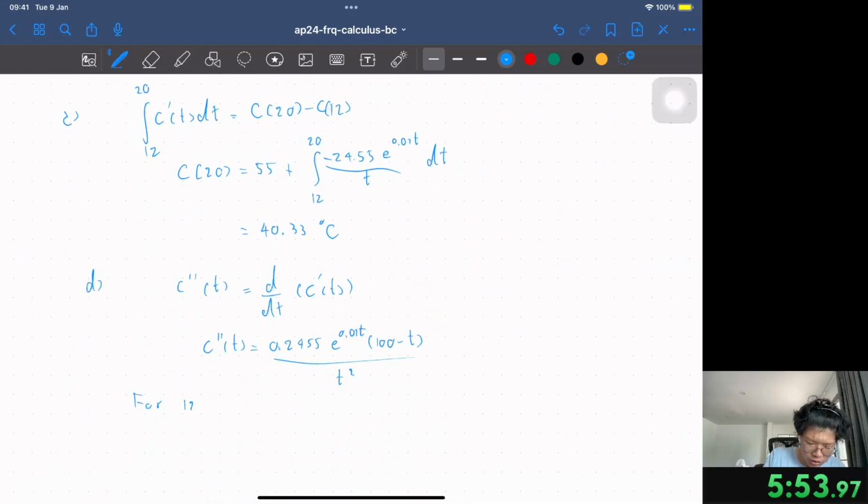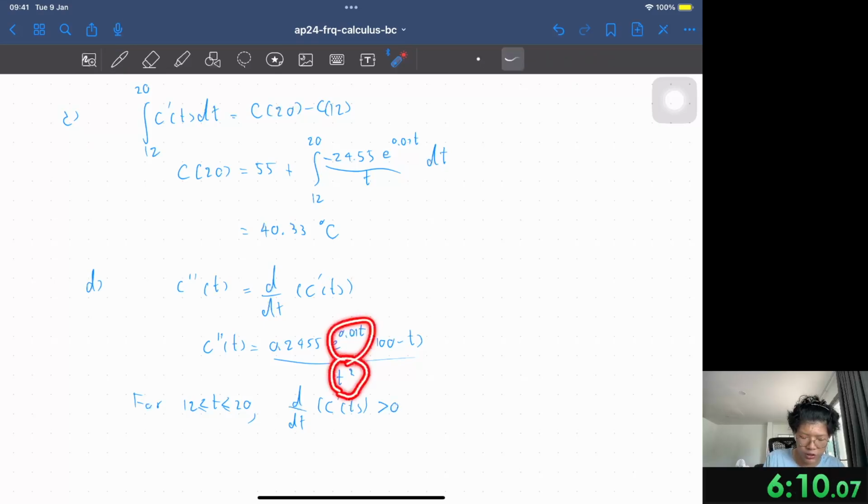For this range of t, the rate of change of the rate of change is actually positive, because this one is positive, so is this, and so is this.